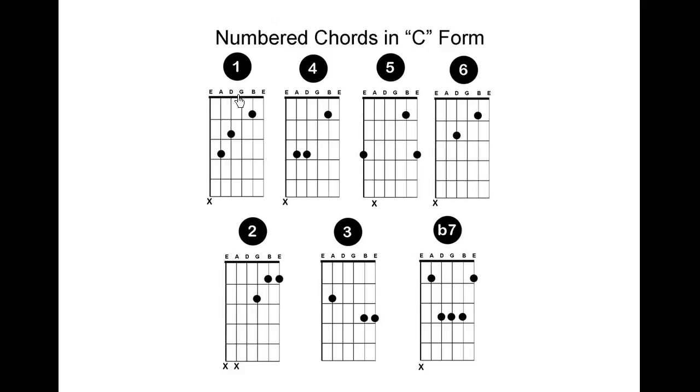I should say the most common. So these are the chords that are going to come up the most often. 1, 4, 5, 6. I would learn these 4 first, because you can play gazillions of songs just using those 4. And then if you got those, go down to here. 2, 3, flat 7.